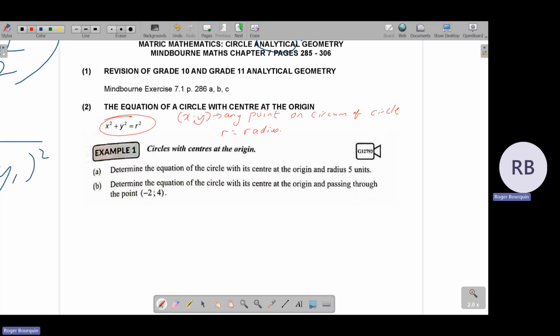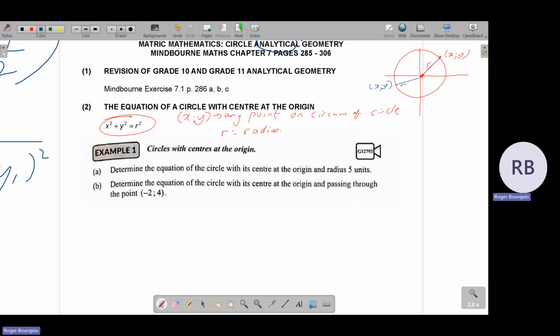You've actually seen that formula before. Remember, what linked up x, y and r? x squared plus y squared is always equal to... this formula comes from Pythagoras. You don't have to write it down, but basically, if you've got a circle and the center is at the origin, and you've got any point x, y, whether that point is over here, then this distance would be your radius, or the point could be over here, and that distance is your radius.